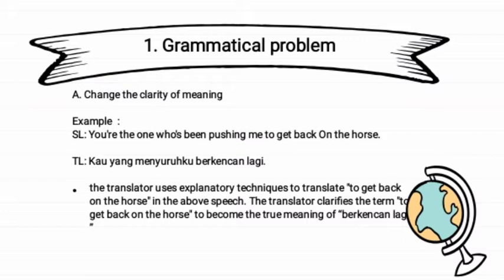So the explanation is the translator uses explanatory technique to translate "to get back on the horse." In the above speech, the translator clarifies the term to get back on the horse to become the true meaning of berkencan lagi.